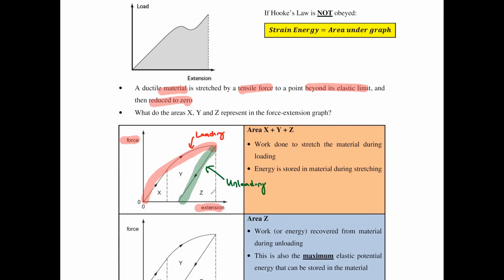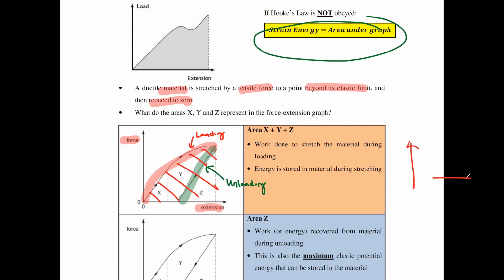If you remember that area under the graph represents strain energy, or rather the work done on the material, what do the areas now represent if I were to separate them off into X, Y, and Z? Now, area XYZ is actually this entire thing, right? You can just think of it as being something similar to this.